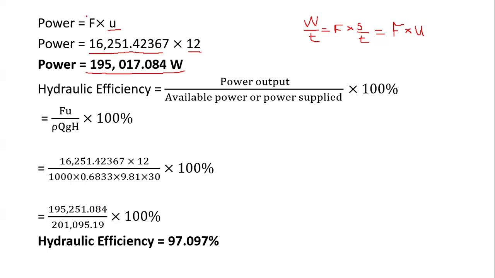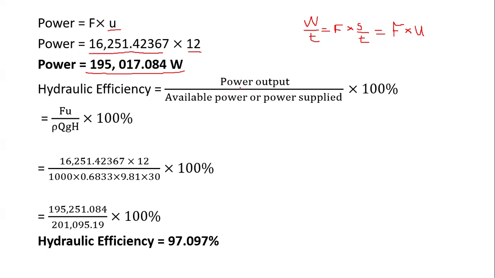Let's pick up the last part. We're told to calculate the hydraulic efficiency. For a Pelton wheel, the hydraulic efficiency, we said, is simply the power output divided by the available power or power supplied. So what do we have? So the power output is this one we just found, rather, that's for the available one.